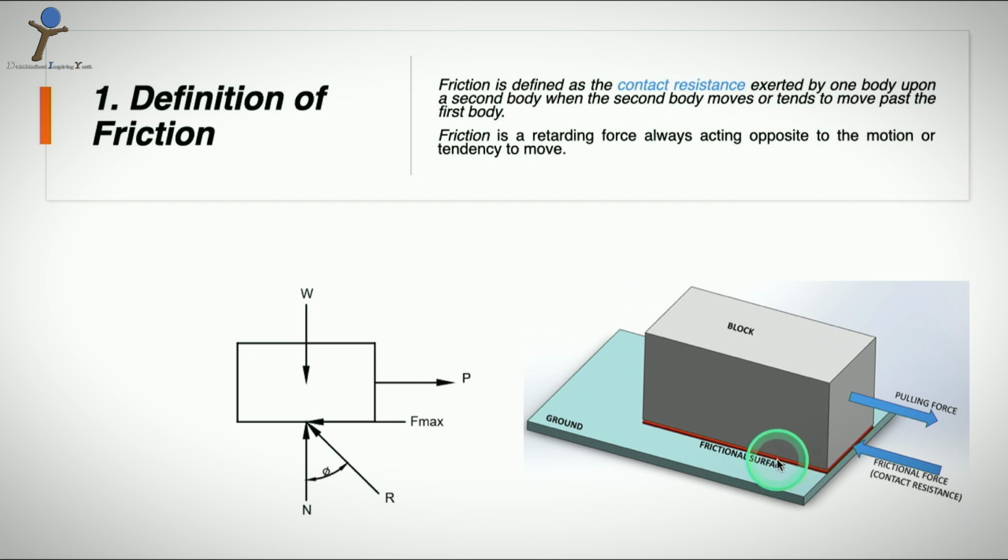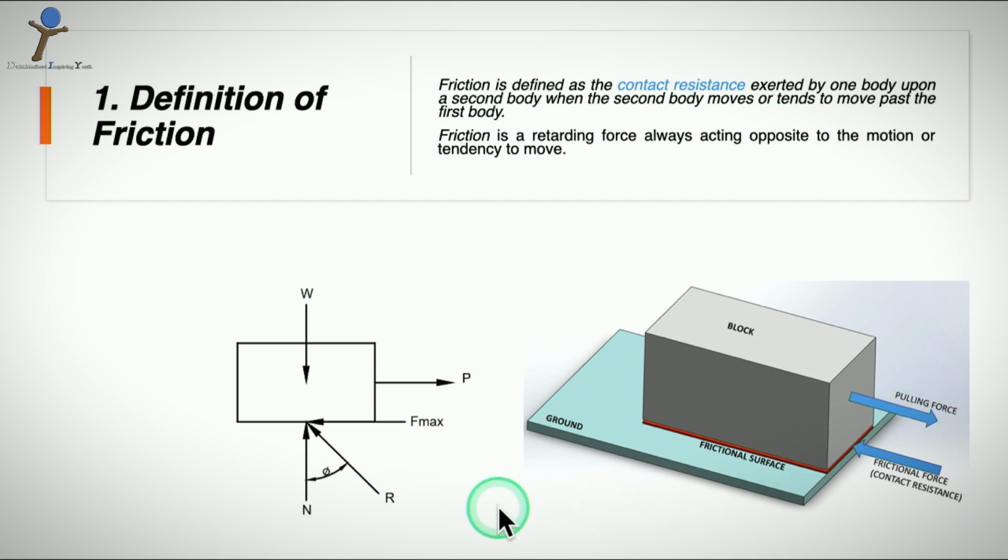The red color surface which is occurring between the block and the ground is said to be frictional surface. This resistance force is represented in opposite direction to the pulling force.